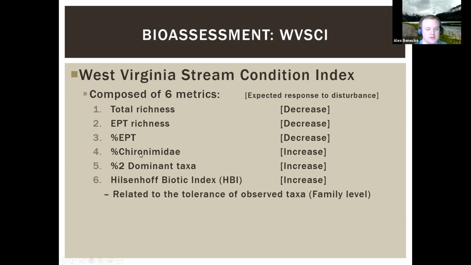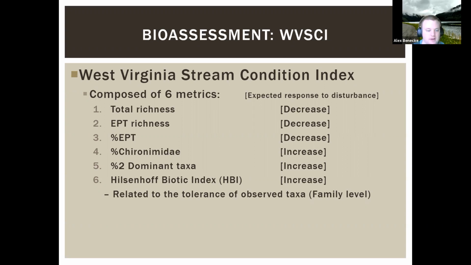So percent Chironomidae, they're pretty tolerant. These are like your lake flies or non-biting midges. They'll increase. Percent of top 2 dominant taxa will increase. And this last one, the Hilsenhoff Biotic Index, is basically an abundance weighted average of tolerance of the assemblage of organisms.